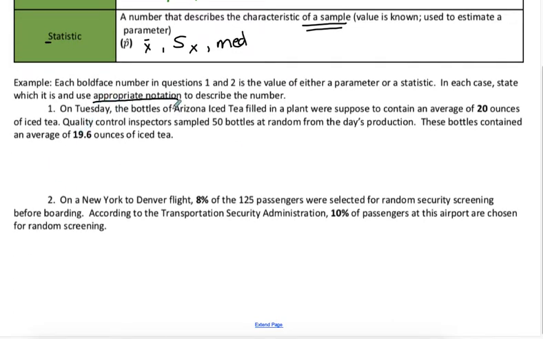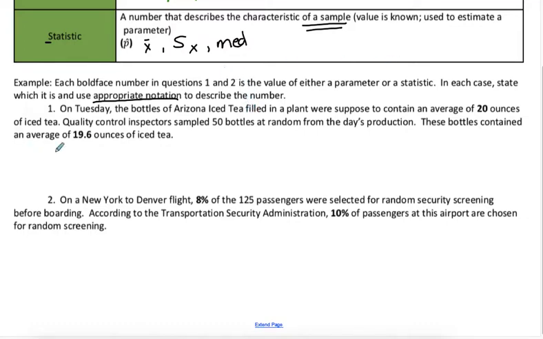On Tuesday, the bottles of Arizona iced tea filled in a plant were supposed to contain an average of 20 ounces of iced tea. Quality control inspectors sampled 50 bottles at random from the day's production. These bottles contained an average of 19.6 ounces of iced tea.